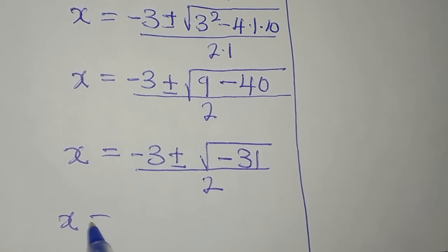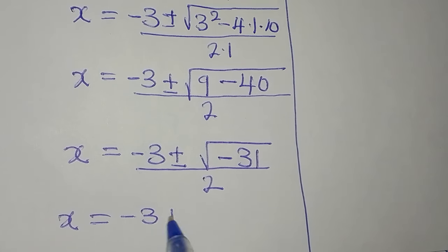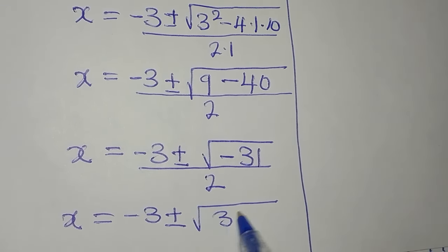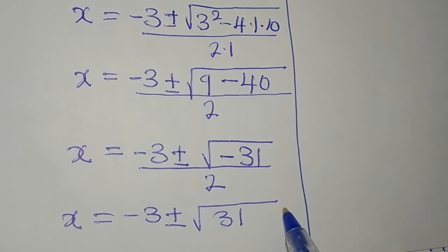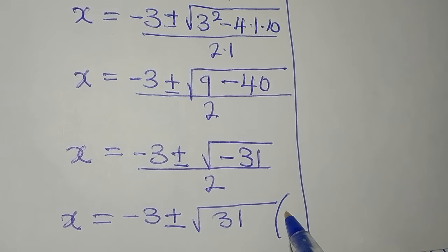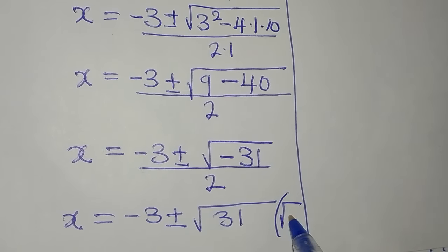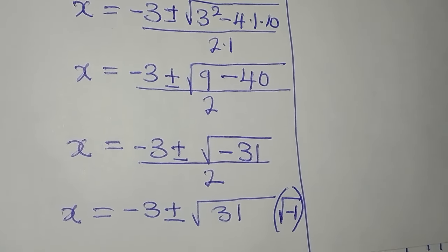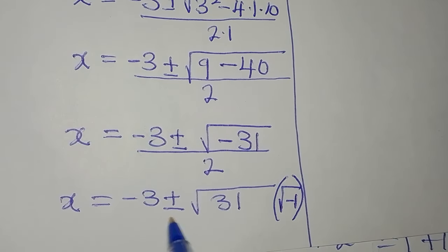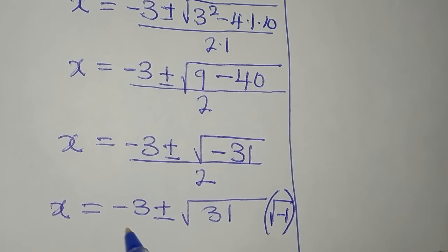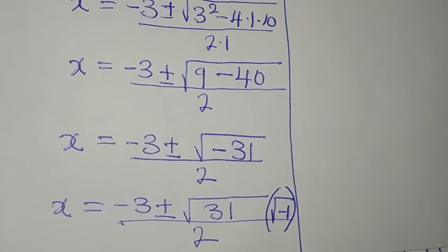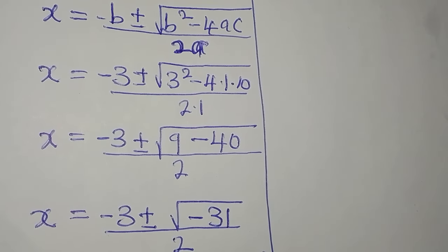Our x is minus 3 plus or minus the square root of 31, multiplied by the square root of negative 1, and then we divide this by 2. Now what is square root of negative 1? It is i, right?